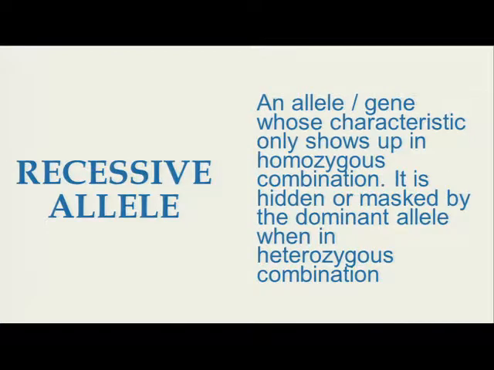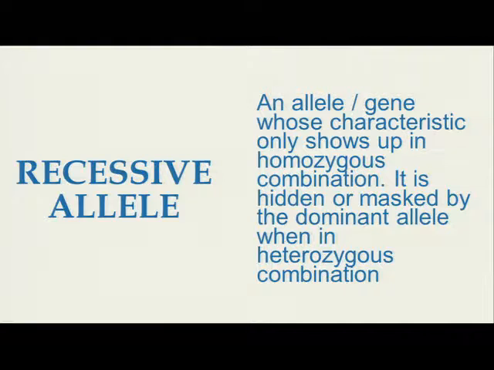But if we get to the recessive allele, you will see it shows up in a homozygous combination. In a heterozygous combination, it is masked, it's hidden. It's very, very important to bear in mind.